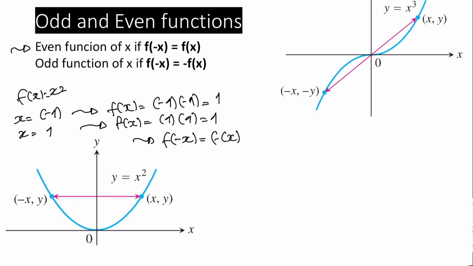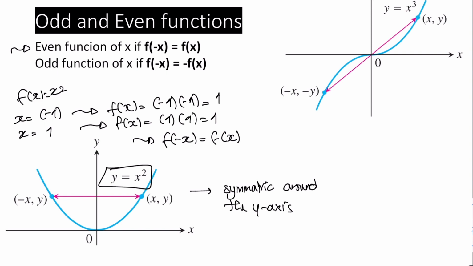Once we conclude that f of minus x is equal to f of x, this means it is an even function. As you can see here, this is an even function, y equals x squared.